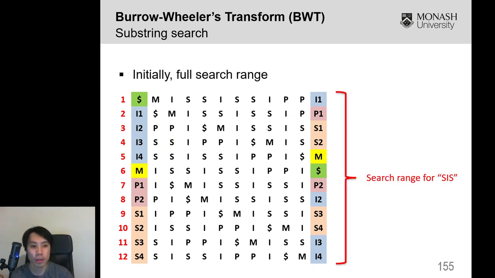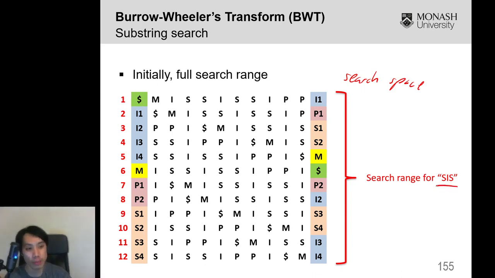Okay, so the concept is very simple. What you see here is what I will call my search space. At the beginning of every search, our space will be from the start to the end, from 1 all the way up to n. We want to search for SIS.